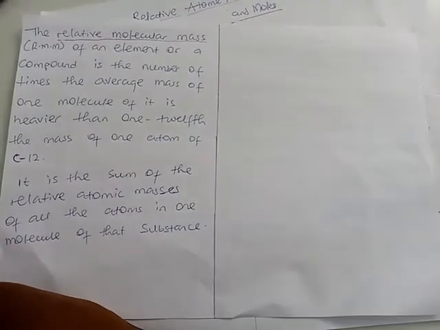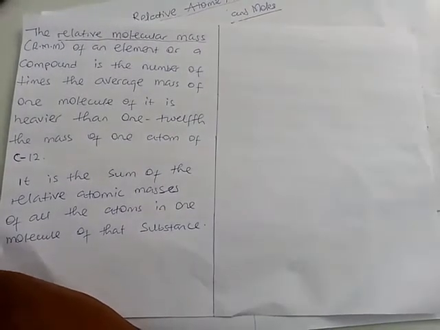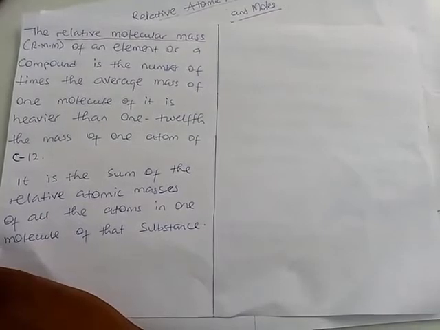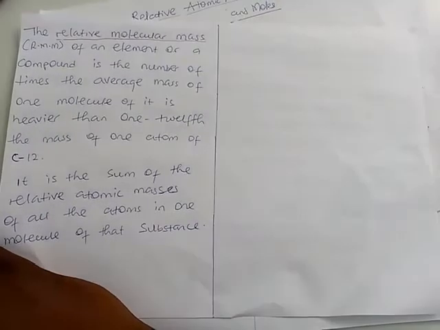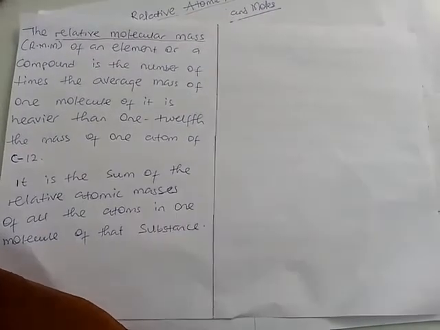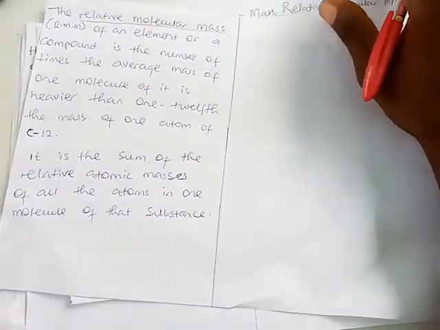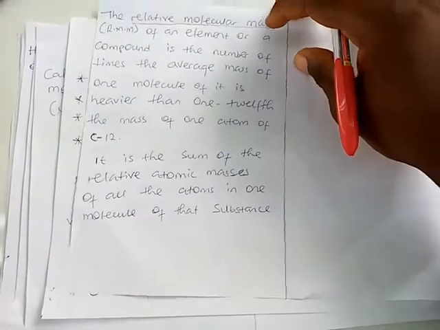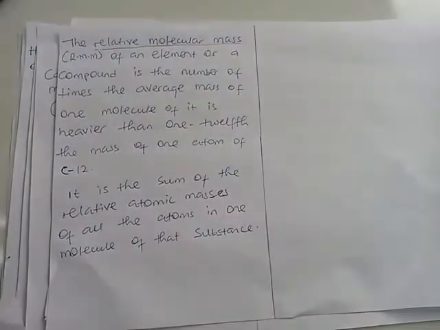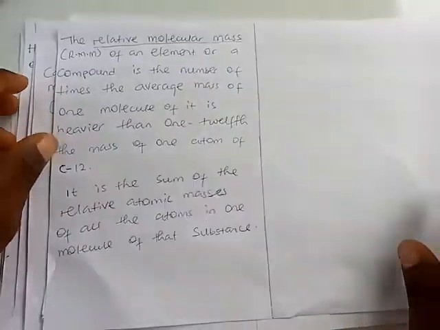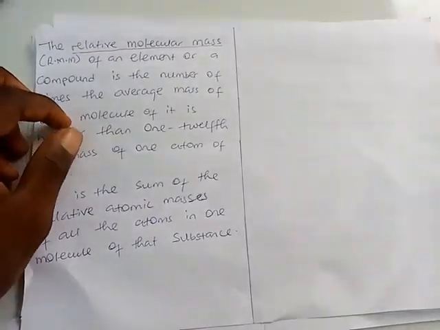Every element, okay, let's say every compound, has a formula. Every element also has a particular representation, that's a formula. For example, sodium, that's Na, calcium, capital C, small a.